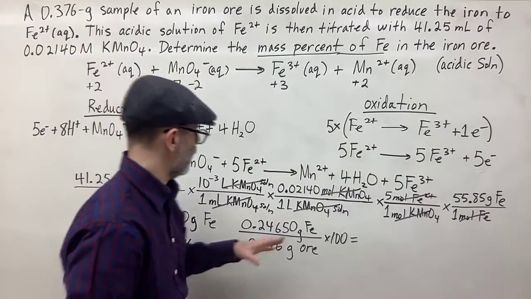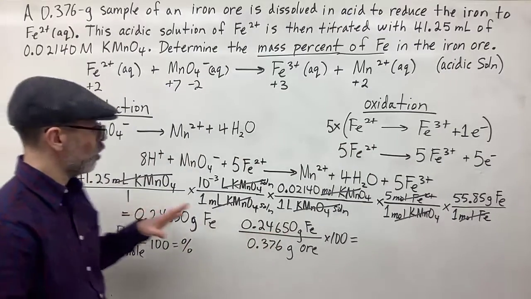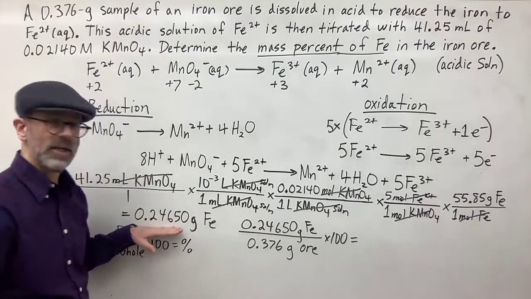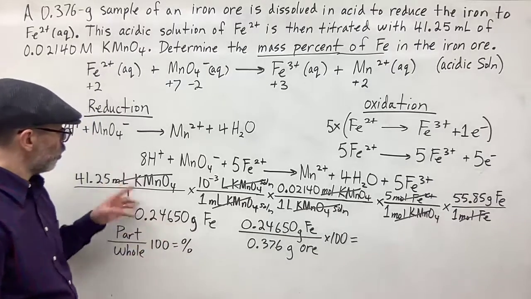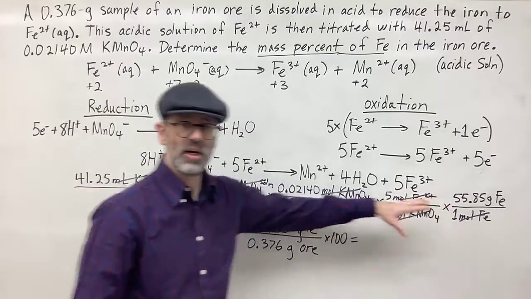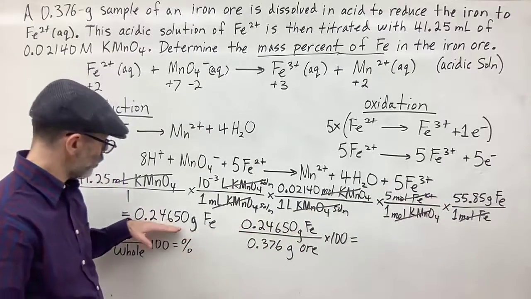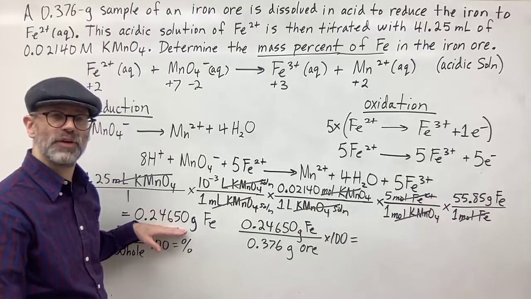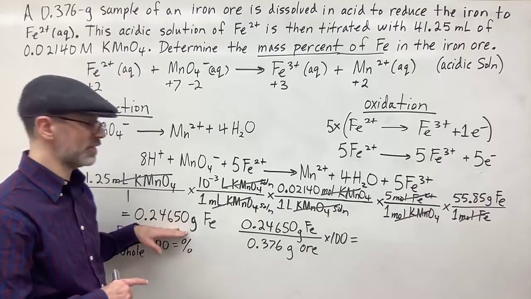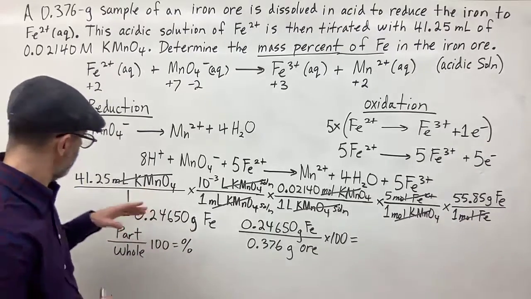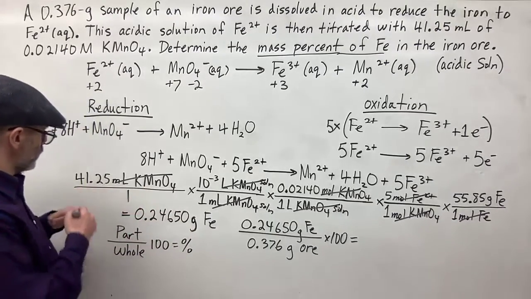Now, before I do that, let's look at sig figs. The answer should be in the proper number of sig figs. When I multiply and divide, the answer should have the same number of sig figs as the least number of sig figs in my measurements. So here I have 4 sig figs.